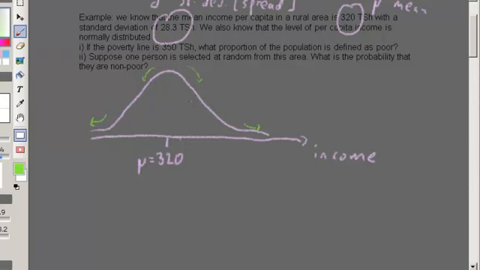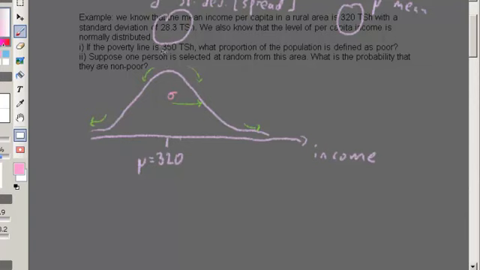So that distance there is sigma, which stands for standard deviation. The bigger this number is, the more spread out it would be. So those are the two numbers.